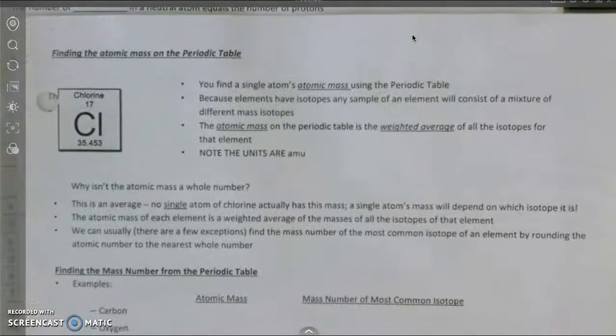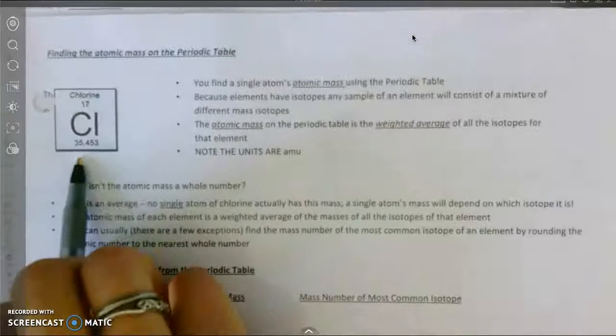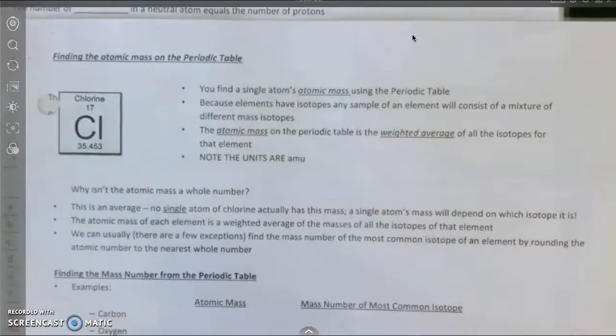All right. So, finding the atomic mass on our periodic table. We're given this atomic mass number on the periodic table, but recognize that's not a whole number. So how could that possibly be the number of protons plus the number of neutrons? Here's what's going on.